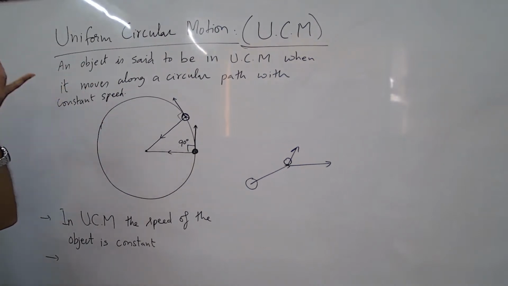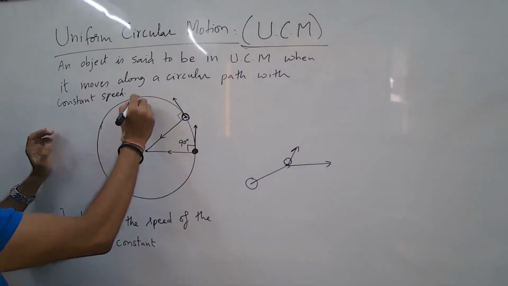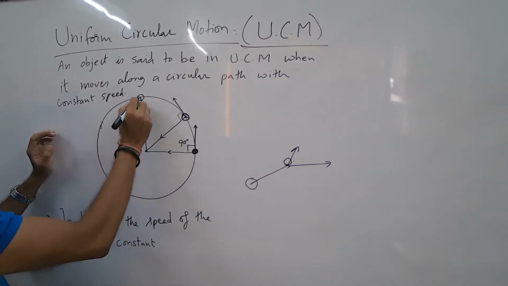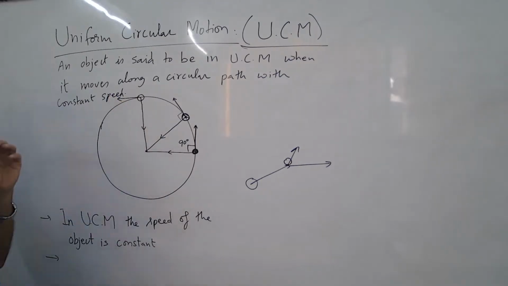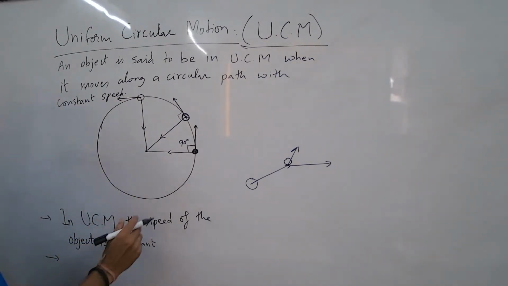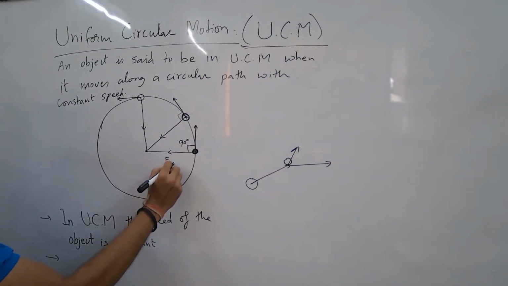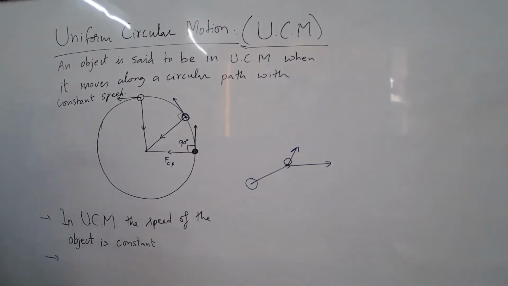So who changed the direction? Direction cannot change without any impact or force. So another feature of UCM is that it experiences a force towards the center. It is called centripetal force.